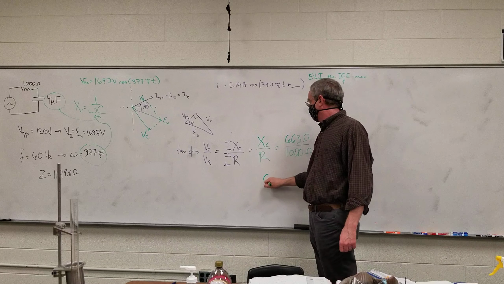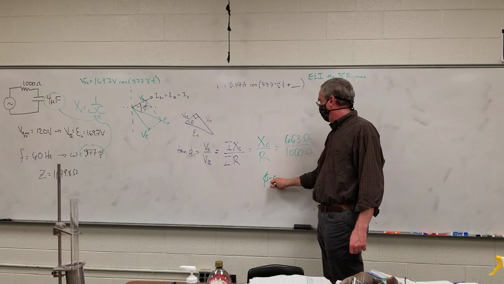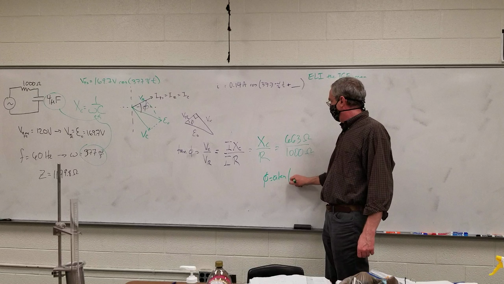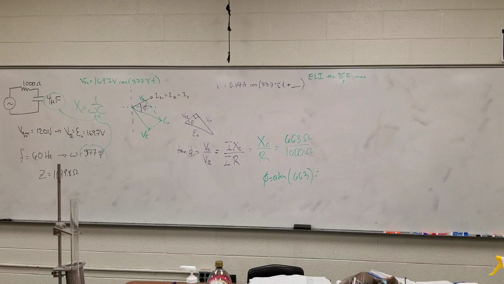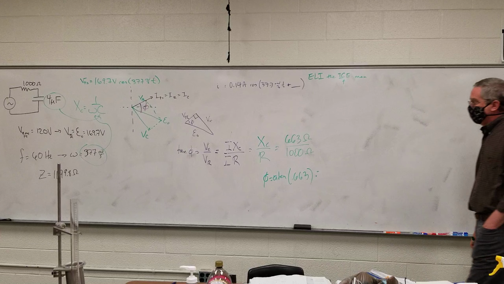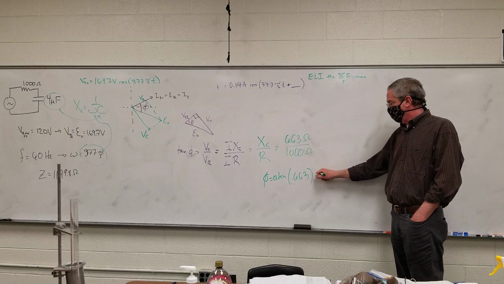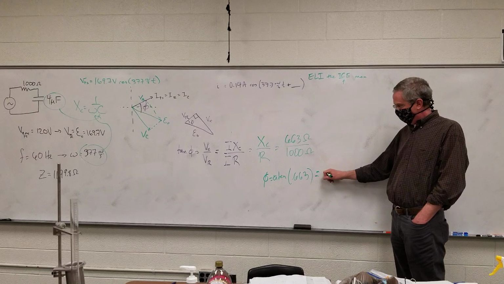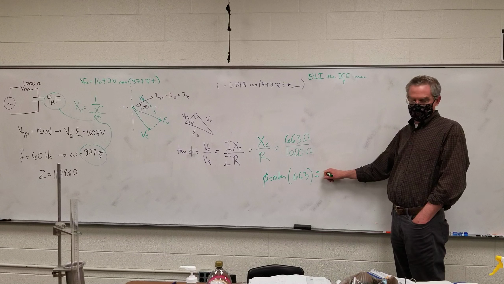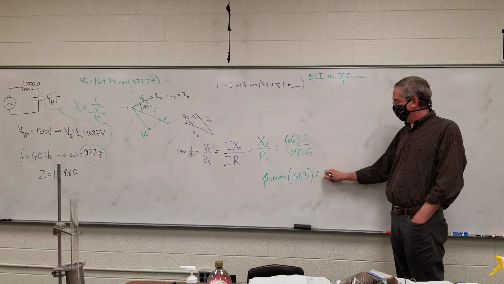So phi is the arctan of 0.663, which is .54.